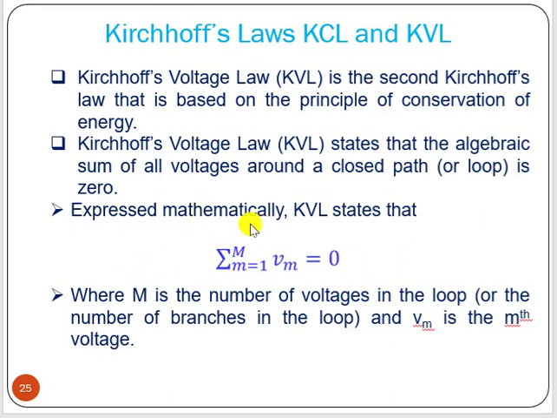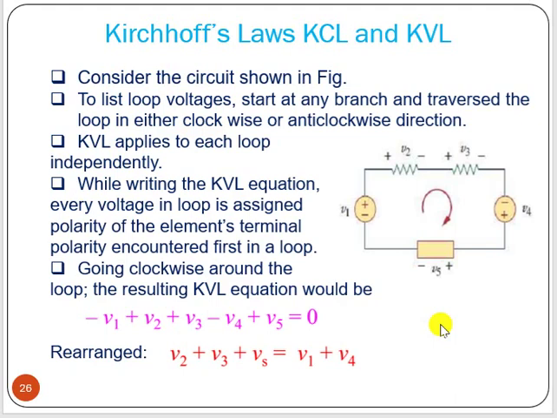Mathematically, the algebraic sum of voltages is equal to 0. In that case, we can have passive resistances, and passive and active sources also.